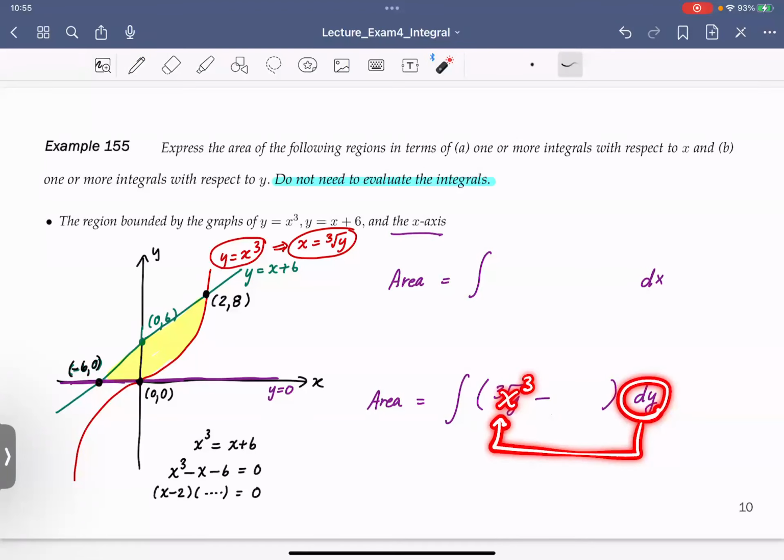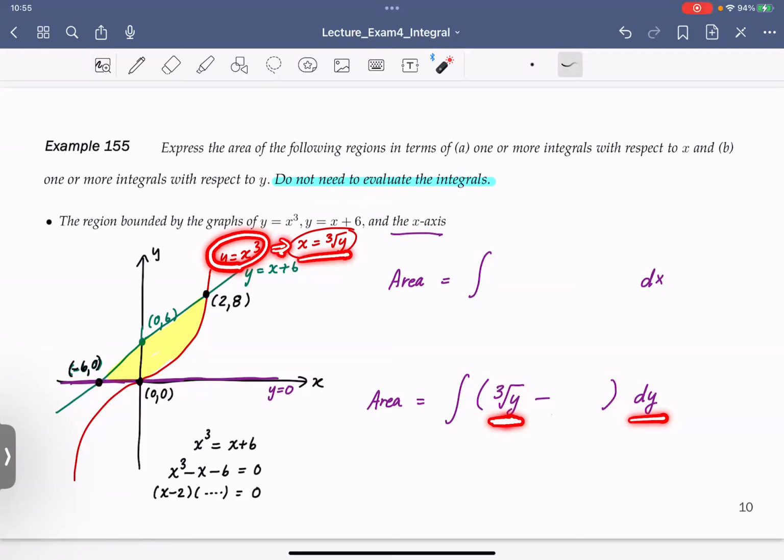It needs to be the same variable. If you want to do dy, the function that you put in there should be in y as well. This is why I say the red curve you have to simplify to x equal to cube root of y. Same thing here, you have to simplify it to x equal to 6 minus y.